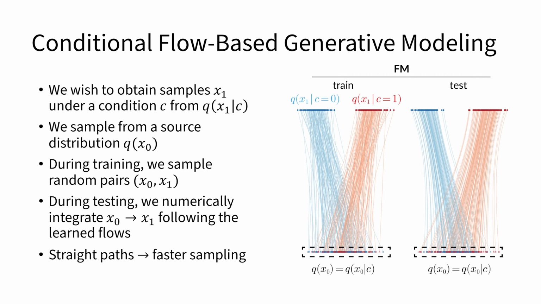During testing, we first sample from Q(x0) and then we numerically integrate those samples from x0 to x1 following the learned flows. Note that straighter paths in the flow would lead to a more efficient numeric integration and therefore faster sampling. In the illustration on the right, note that the paths are not straight, because the paths overlap during training.